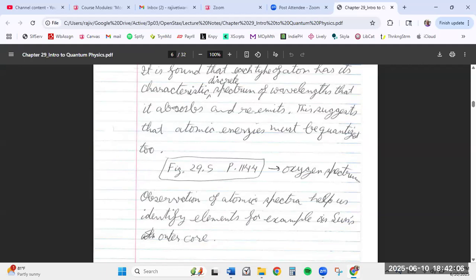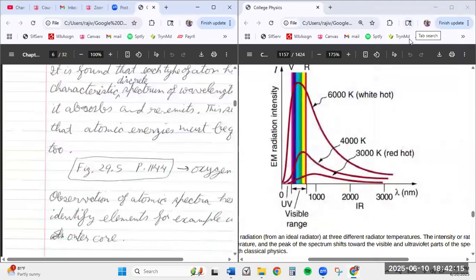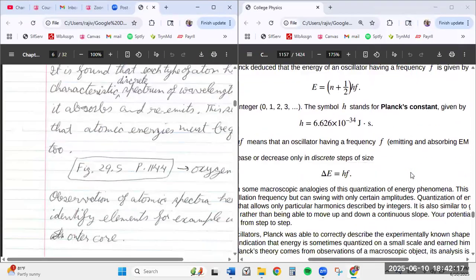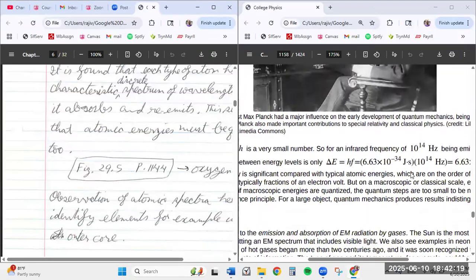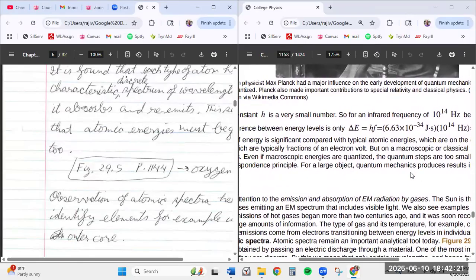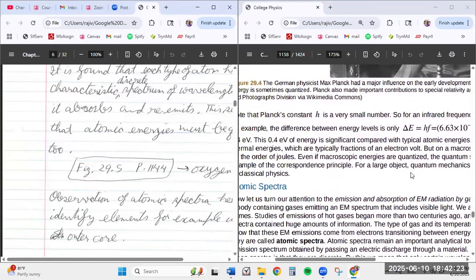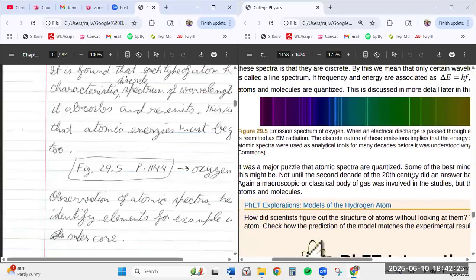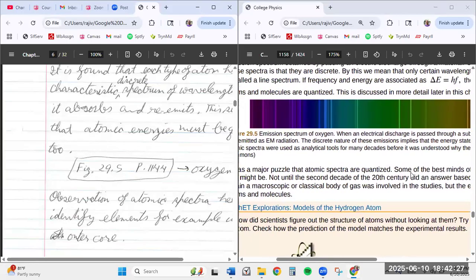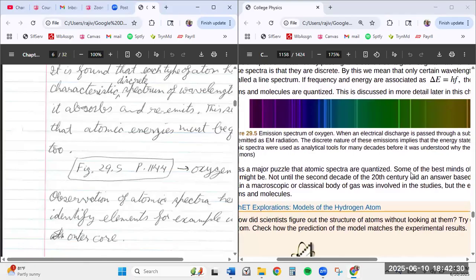Let's look at the electromagnetic radiation spectrum of oxygen. So this is the spectrum of oxygen that you see here.